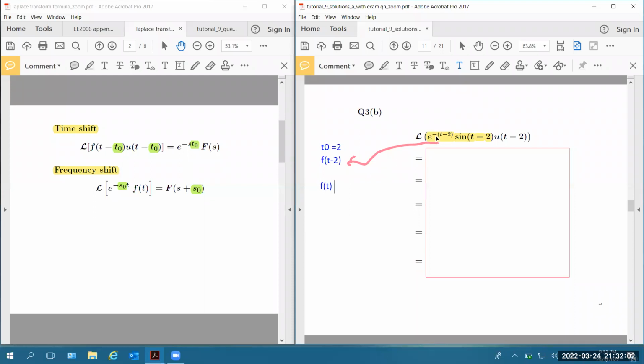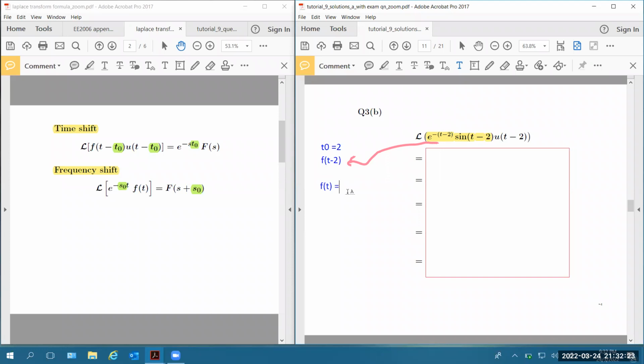Then you see, e to the power minus t minus 2, right? And sine here also t minus 2, right? So it is really a function of t minus 2. Okay, if this one is t minus 1, then you cannot say this is also called ft minus 2. Then cannot. Okay, but here it can.